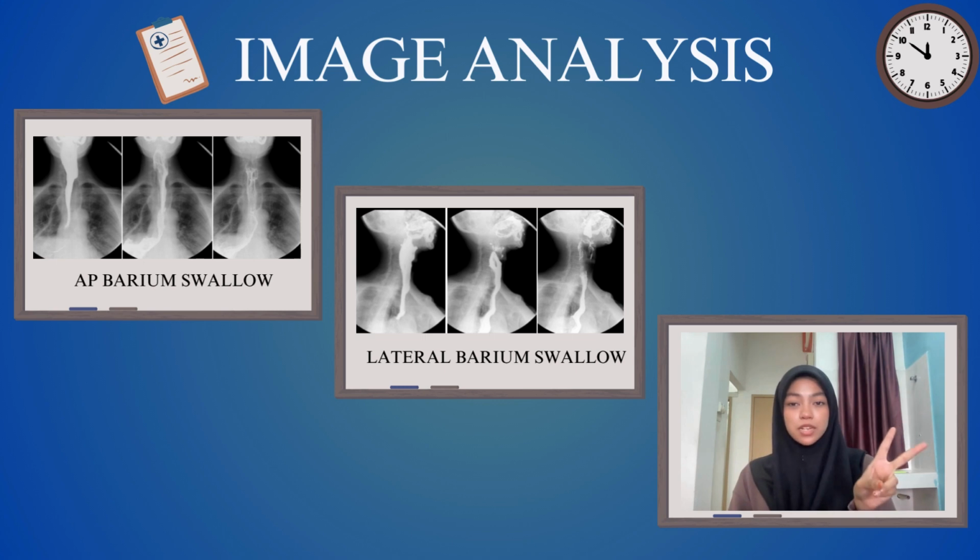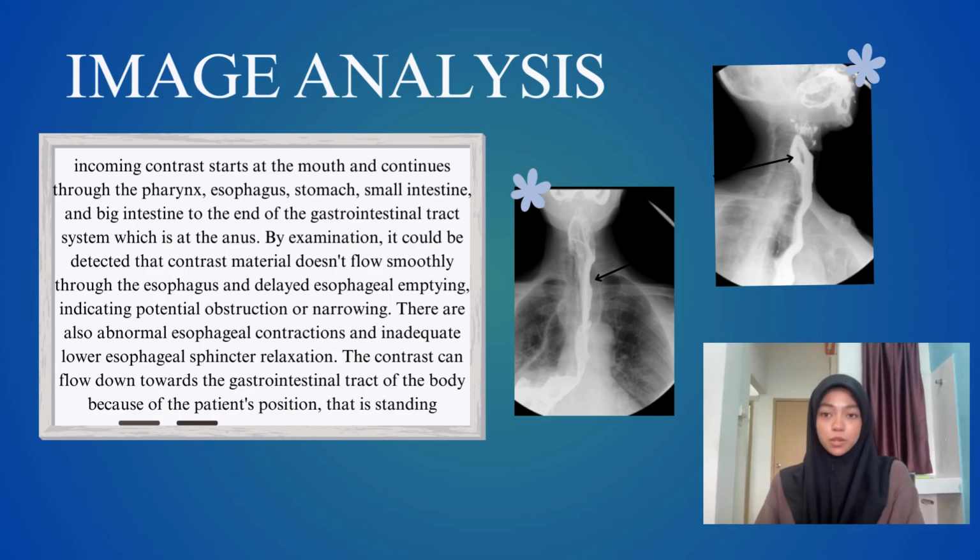I'll provide 2 views, which are the AP barium swallow and the lateral barium swallow. By the image, we can analyze that the incoming contrast starts at the mouth, continues through the pharynx, esophagus, stomach, small intestine, and large intestine to the end of the gastrointestinal tract, which is at the anus.